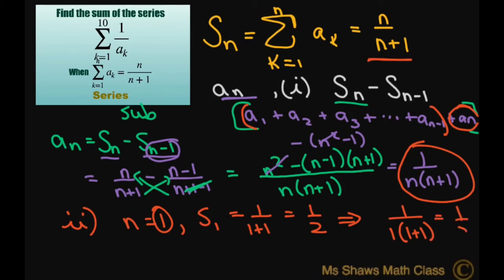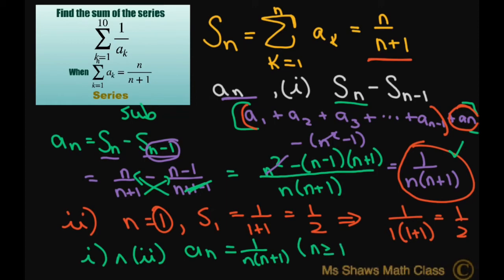This equals 1/2. Therefore, since it works also for this term, by our first case and our second case, our a sub n equals 1 divided by n times n plus 1, and that's for n is greater than or equal to 1.